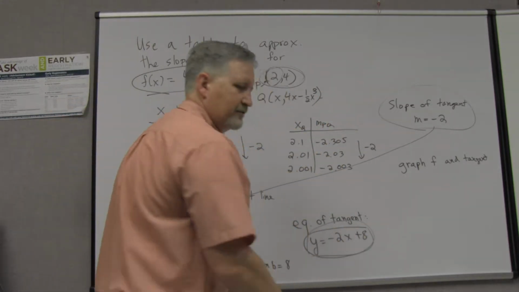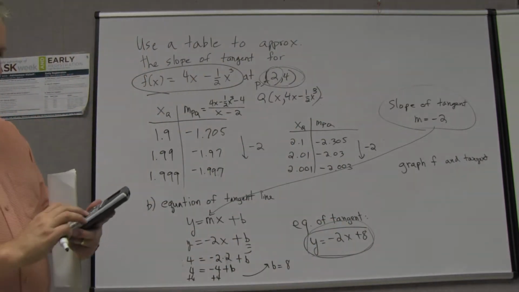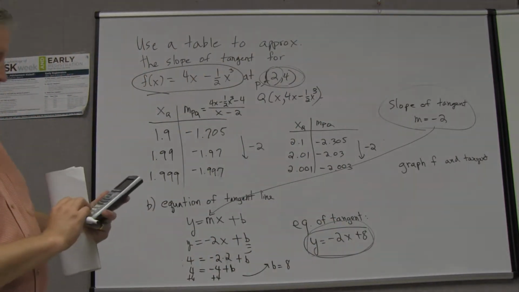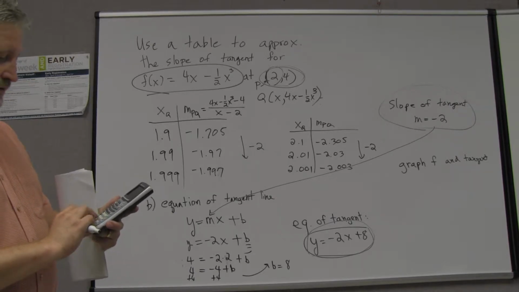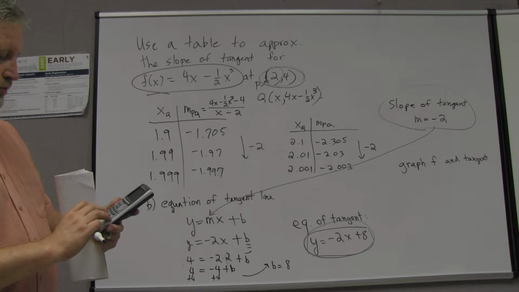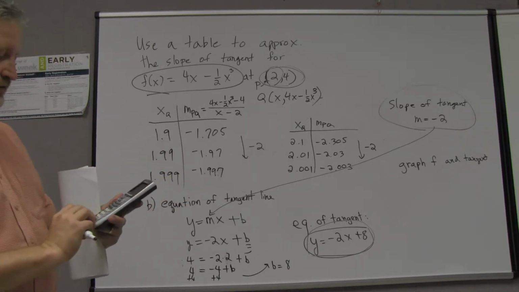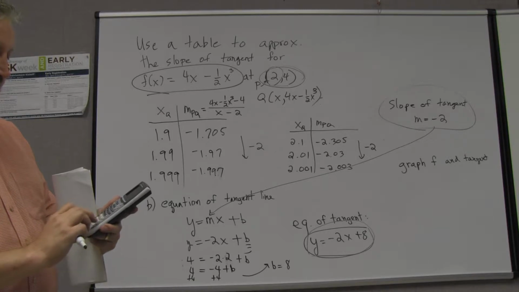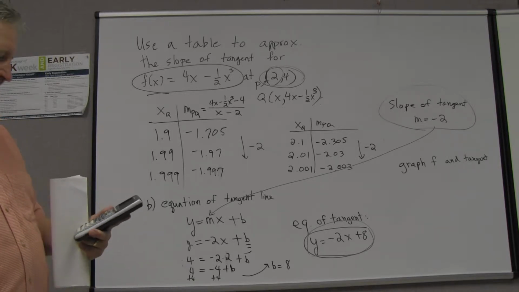So I'm going to graph those two things side by side here. Clear out the slope one. So I'll do 4x minus 1/2 x cubed. It's my y one. And then my second one is minus 2x plus 8. And cross your fingers.